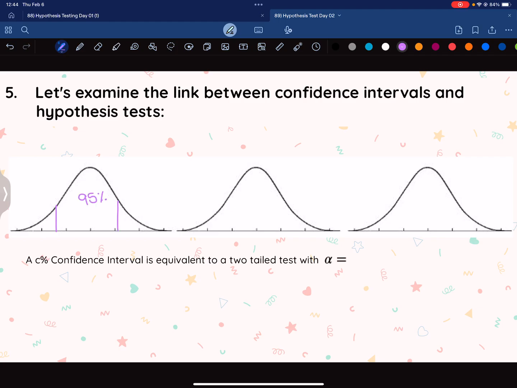Just like we did when we built a confidence interval, that meant that 2.5% was left on each side. So this rejection area of my confidence interval is the same as when I have an alpha of 0.05 or 5%, right?